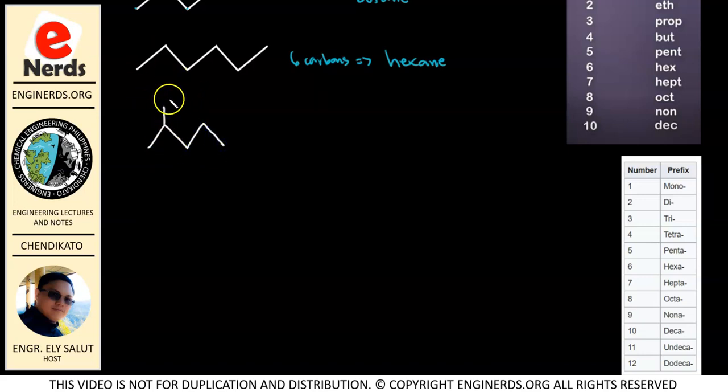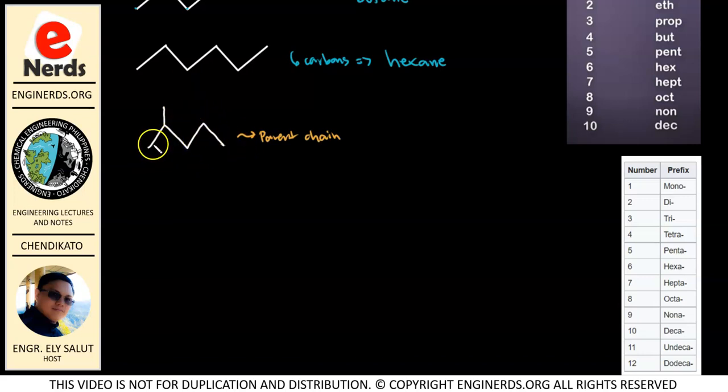Okay, so as you can see, we have another one line here, no? So, on this type of example, this chain, ang tinatawag nating parent chain natin, no? Okay, so that is our parent chain. And as you know, every ends and corners represent carbon, diba?